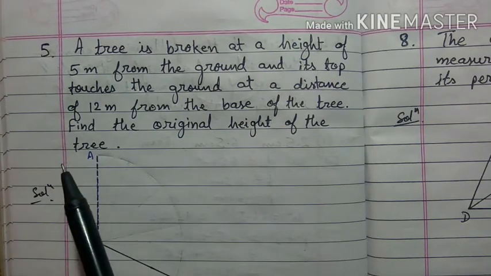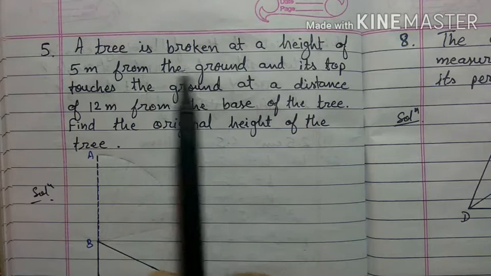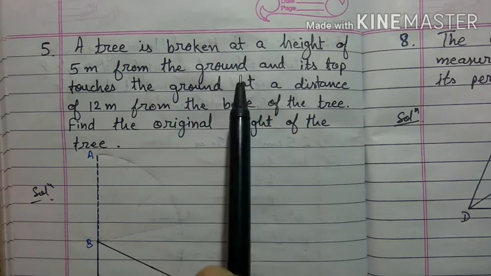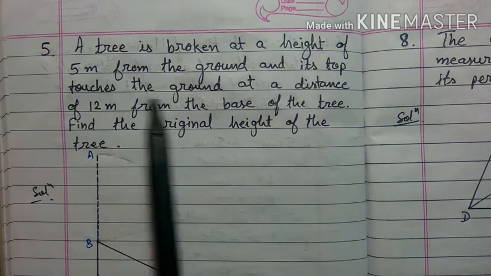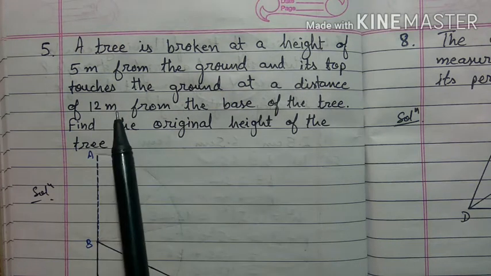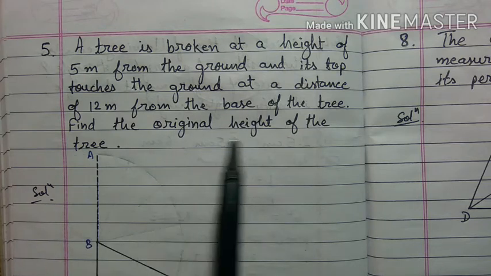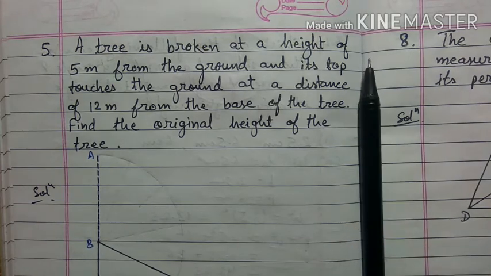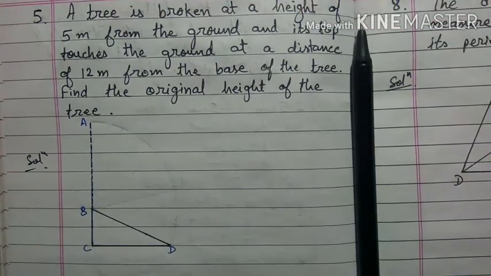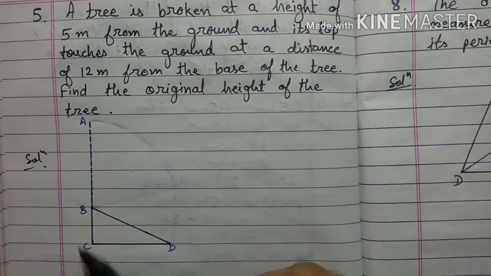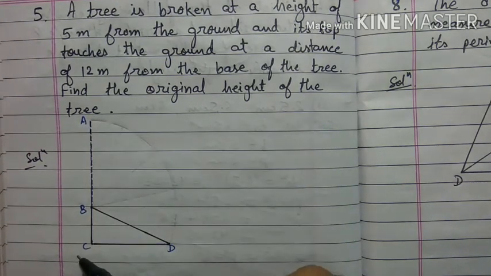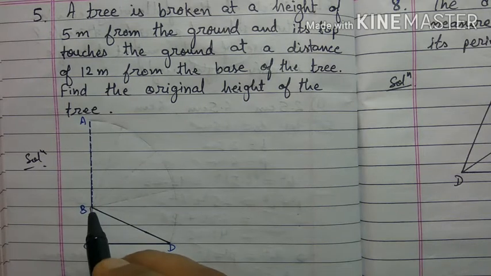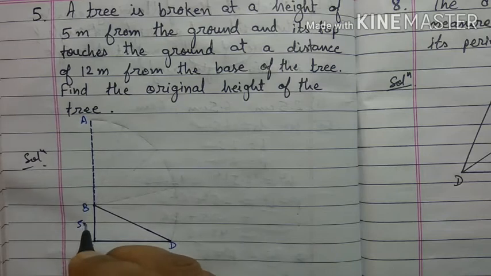This is a very famous question, in which a tree is broken at a height of 5 meter from the ground and its top touches the ground at a distance of 12 meter from the base of the tree. Find the original height of the tree. So what is being asked is, the situation is this: suppose this is a tree, AC is the whole tree, and from 5 meter from the ground the tree is broken.